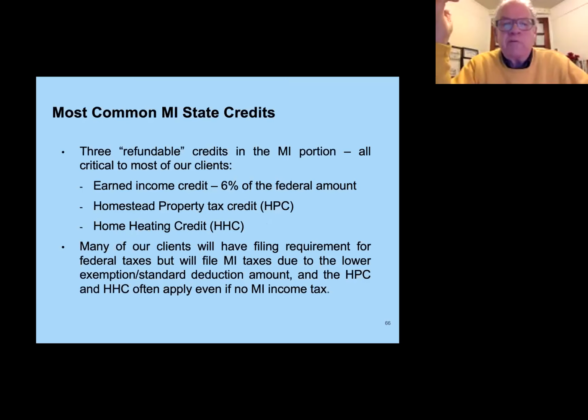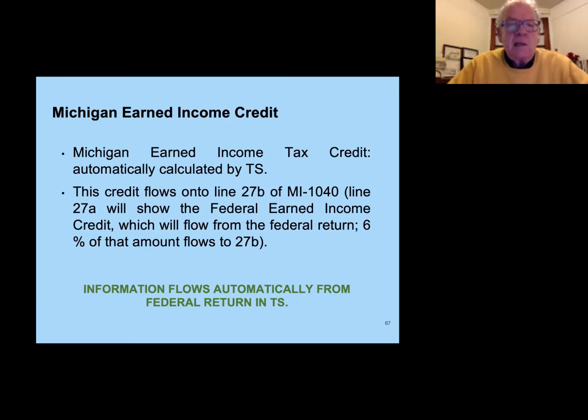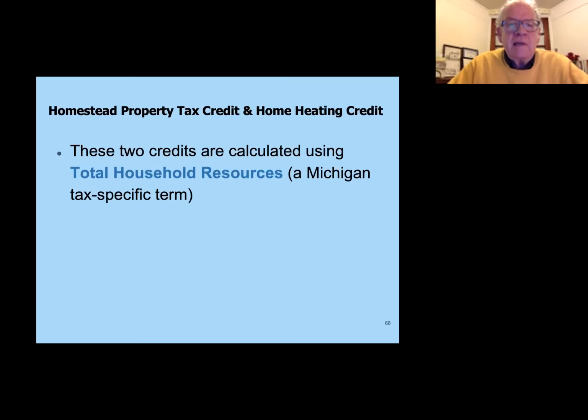So there are 3 refundable credits in Michigan. The earned income credit happens automatically, and then these 2, homestead property and home heating, take some work. Already covered that. But the 2 Michigan credits both rely on a concept called total household resources.